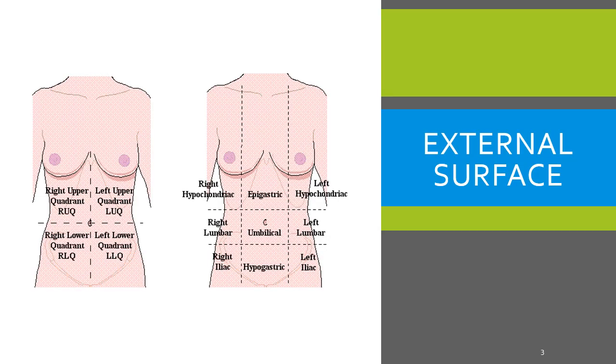For the external surface, you should be familiar with both the 4-quadrant nomenclature as well as epigastric, umbilical, hypogastric, and then if you'd like, you can also use the hypochondriac, lumbar, and iliac terms as well.